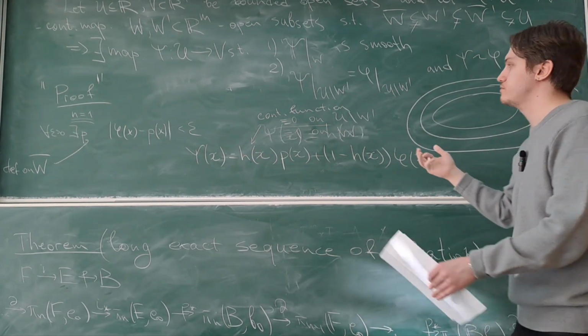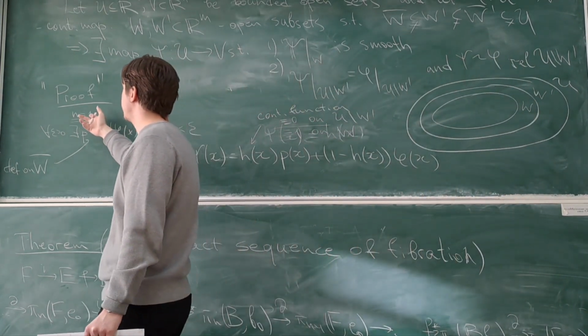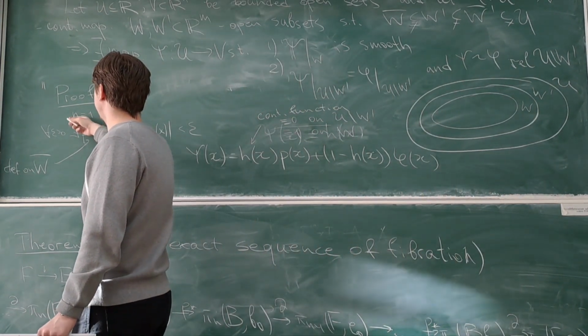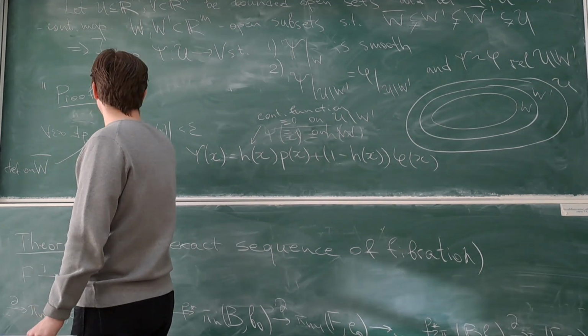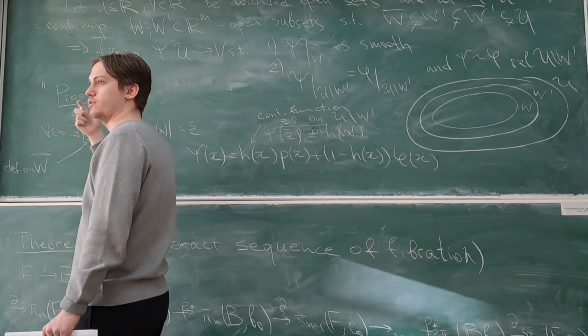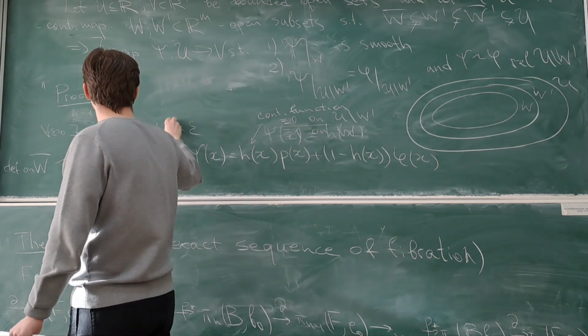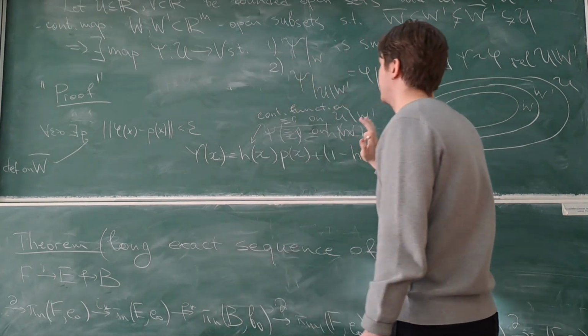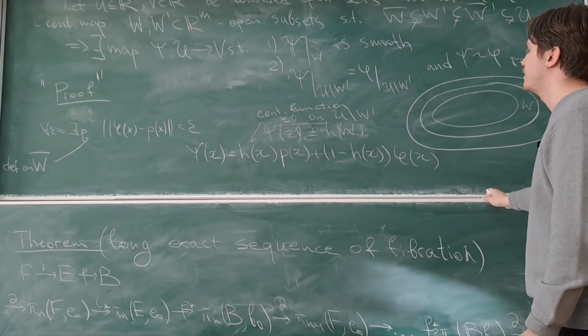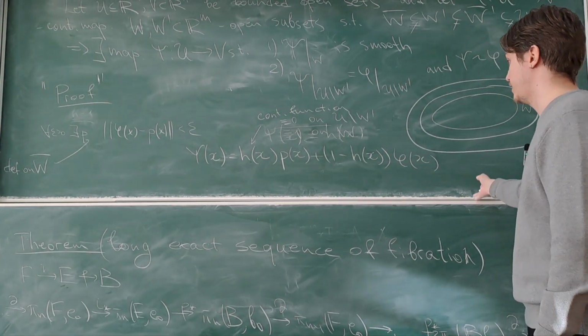Again, if n is more than 1, then you can do precisely the same, but you need to approximate every coordinate function and put the norm here. So it's okay, and we can assume that n is any number.